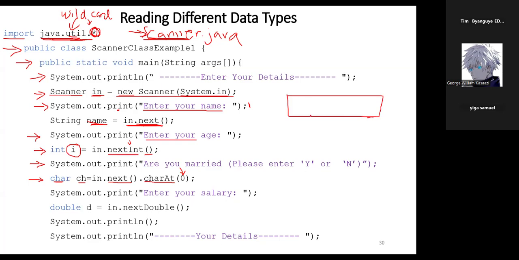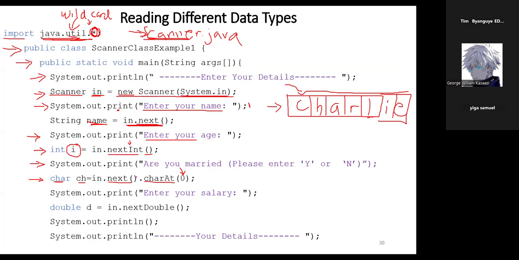Imagine, even your name, when it is being picked, it is going to be picked as an array. So if you enter the name Charlie, when you call the next method, it will pick all of this. All of these will be picked.